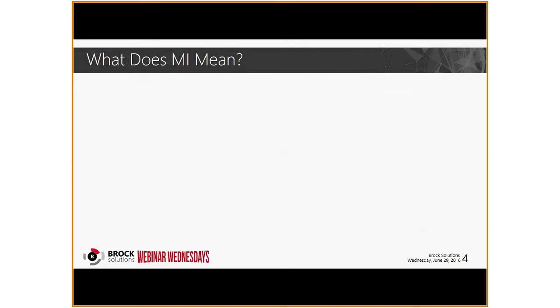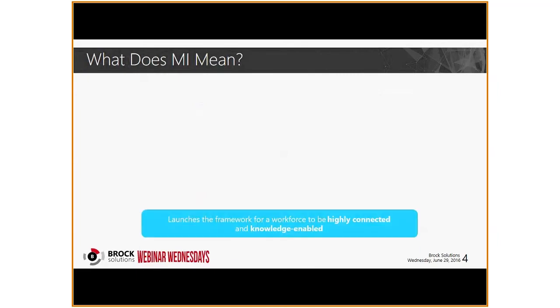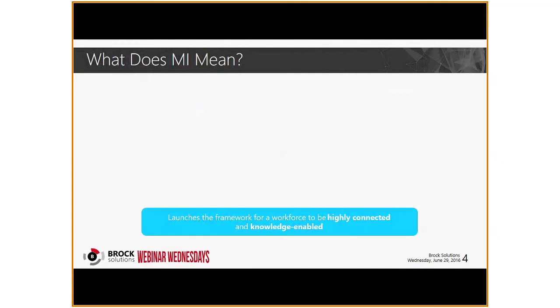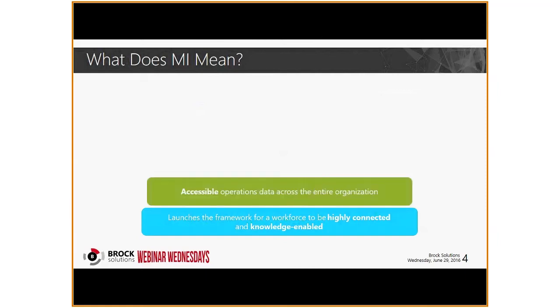But what does MI mean? Manufacturing intelligence should be the key to a company's real-time strategy. MI launches the framework for a highly connected, knowledge-enabled workforce. It makes operations data accessible across the entire organization for rapid problem solving and decision making.